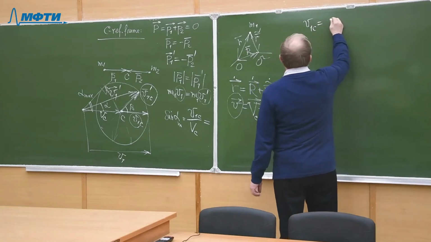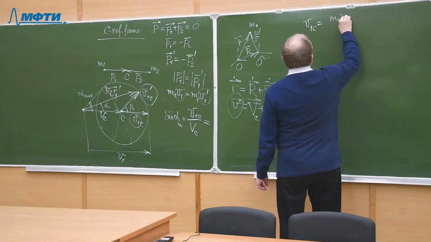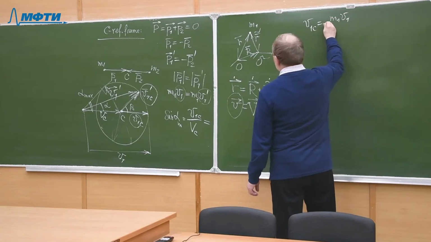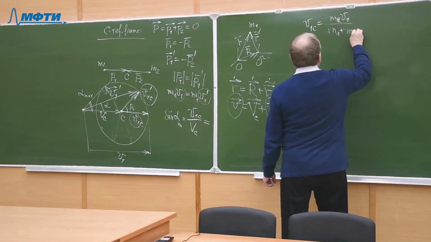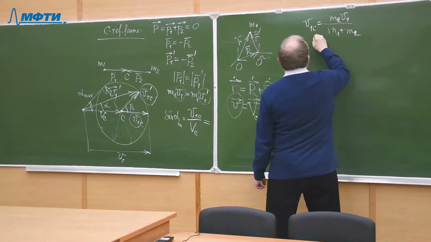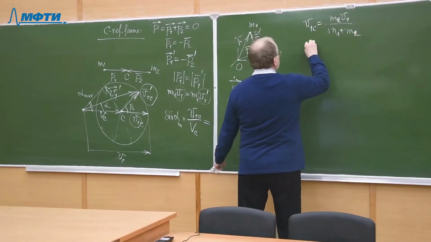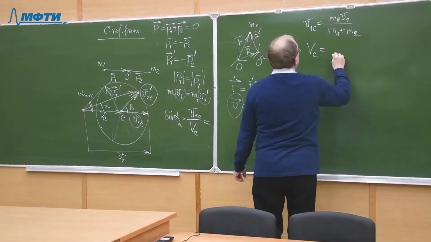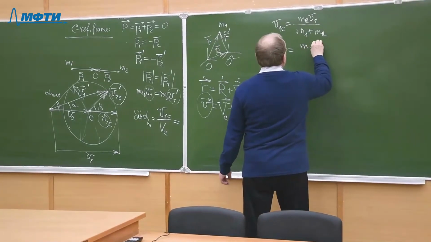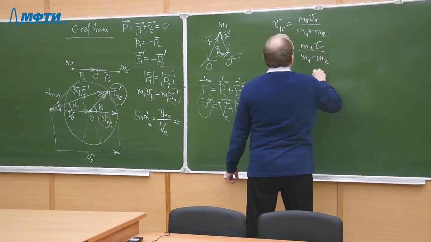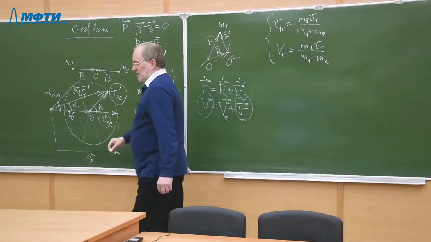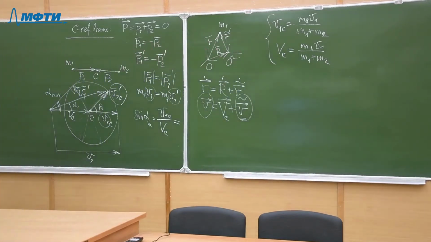That will be m2 v1 divided by m1 plus m2, and the denominator, that is the velocity of the center of mass, will be m1 v1 divided by m1 plus m2. We obtained these formulas last time. I will not waste my time now to derive them again.